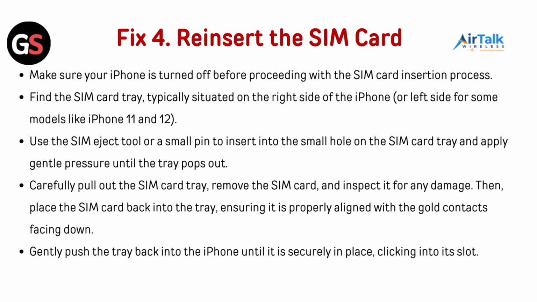Carefully pull out the SIM card tray, remove the SIM card and inspect it for any damage. Then place the SIM card back into the tray, ensuring it is properly aligned with the gold contacts facing down. Gently push the tray back into the iPhone until it is securely in place, clicking into its slot.